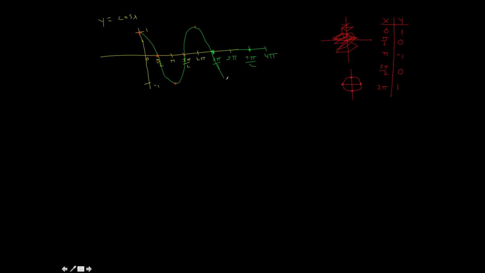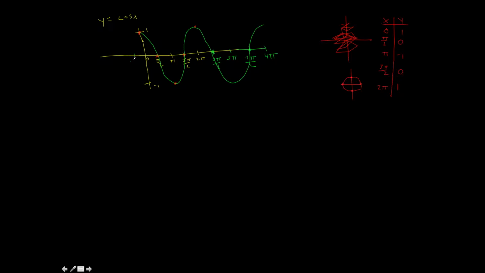Our whole period here is going to look the same again. Notice the wave looks completely the same. We just extended it. And the same thing works if we go in the other direction.